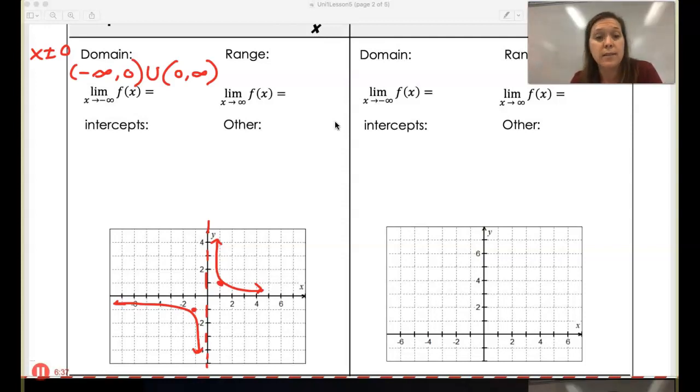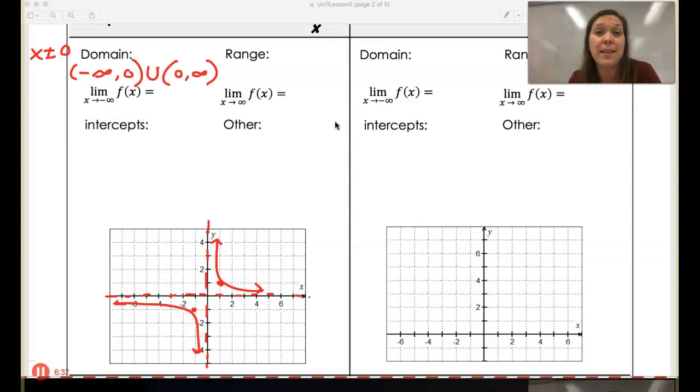So that's the interval notation for all numbers excluding 0. Looking at our range, there's no way to get 0 for our y. It's 1 over x.